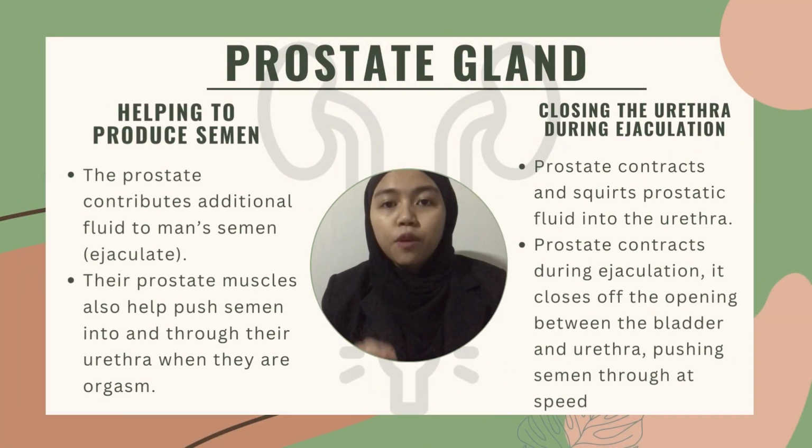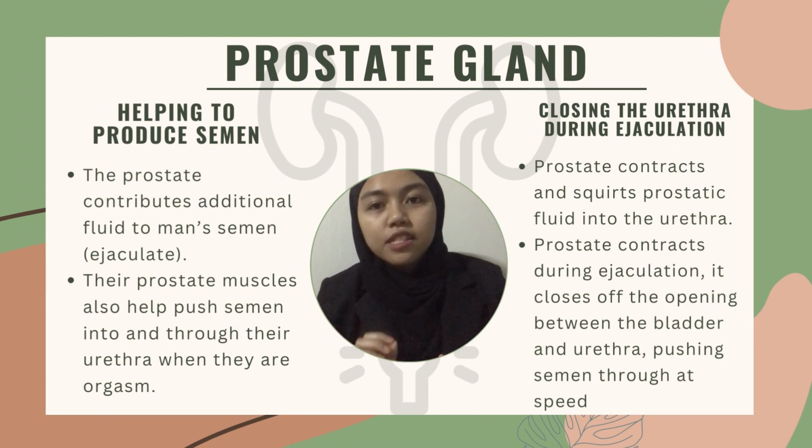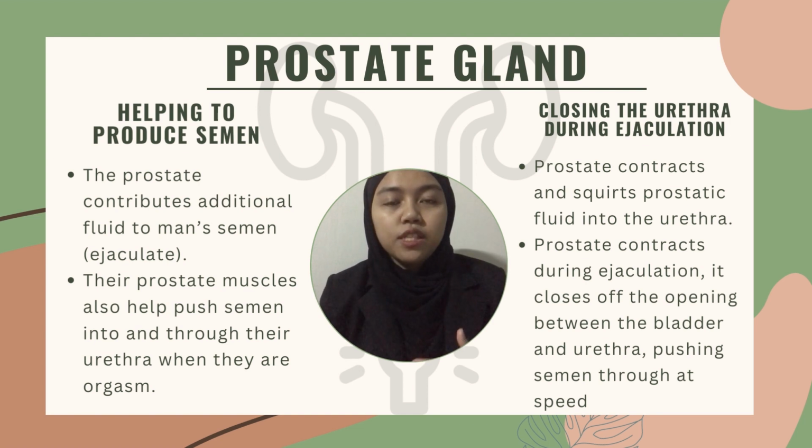Motility here refers to the ability to move. So, what does the prostate do for a man? The prostate gland helps to produce semen. The prostate contributes additional fluid to a man's semen, which is ejaculate. Ejaculate is a whitish-gray fluid that is released from the penis when they orgasm.